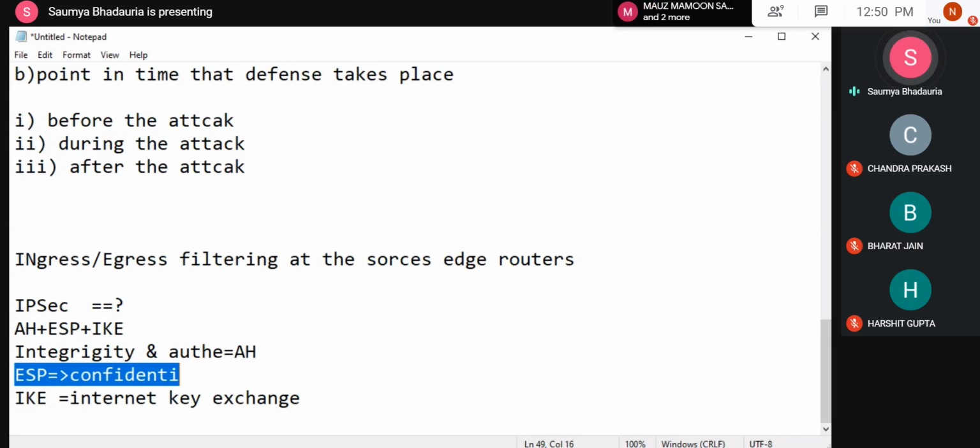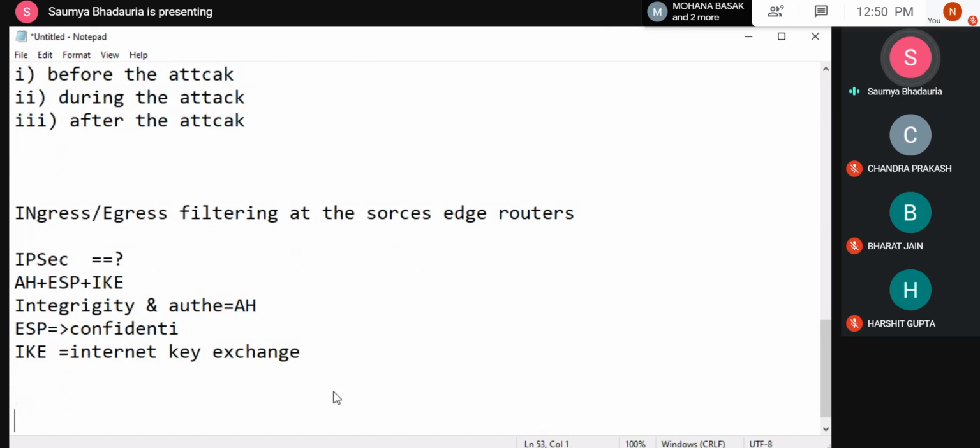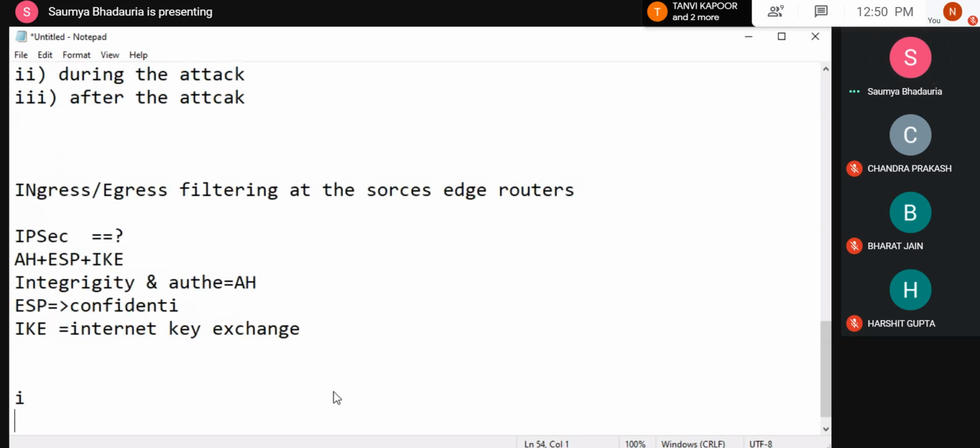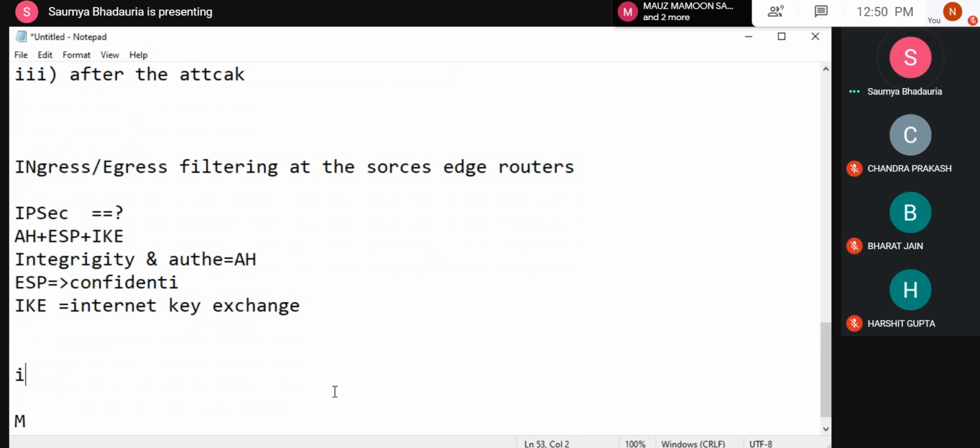So let's say there are two systems: one is host I, which is part of network M, and the other is host J, which is also part of network M. Both are two different hosts and are part of the same network.